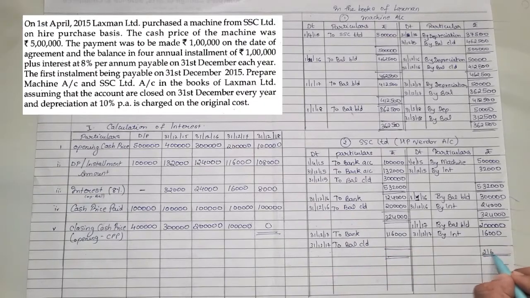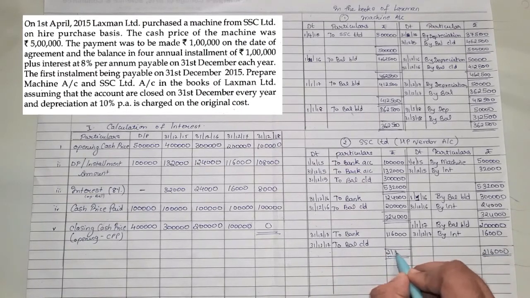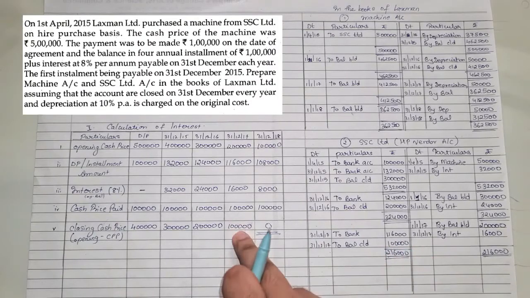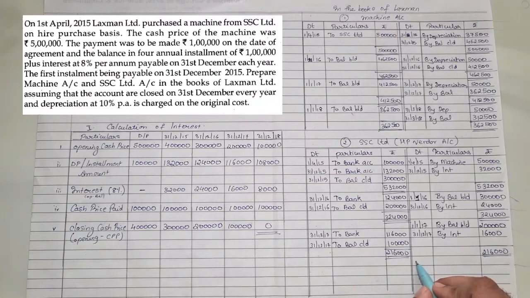So it is 2,16,000. From 2,16,000 we paid 1,16,000, so 1 lakh is remaining. So that's the last balance, and we bring that balance down. So I'll write here 1st Jan 2018 by balance brought down 1 lakh.